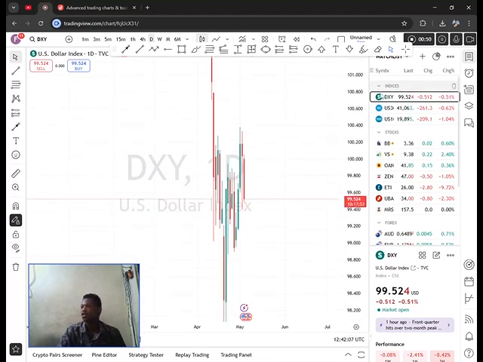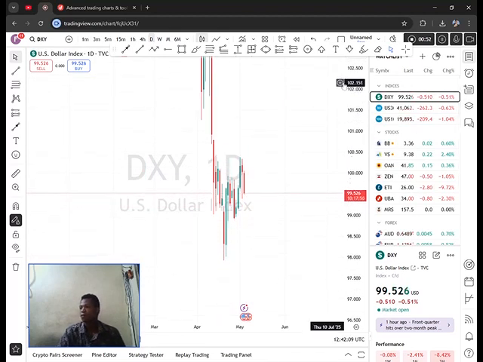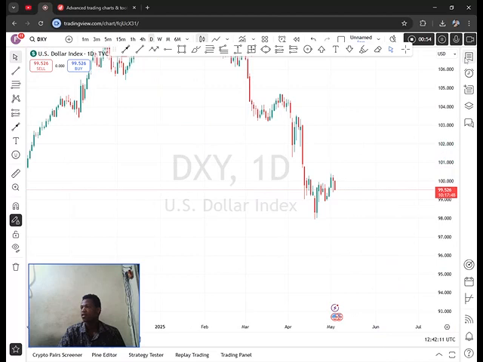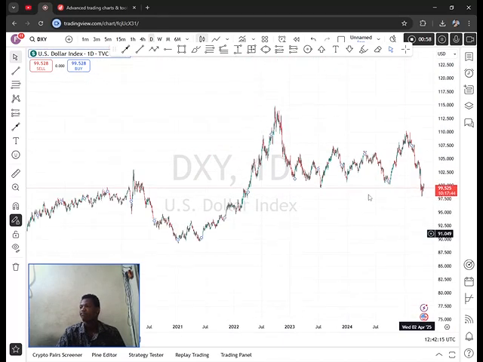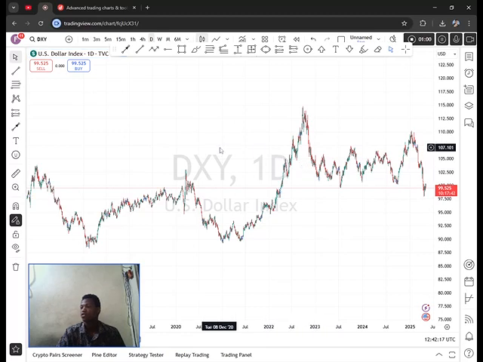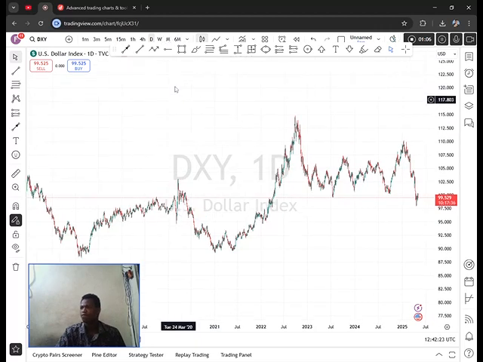As day traders that we are, we'll be looking at this from the daily time frame to know the overall trend. The overall trend is saying bullish, as we all know.